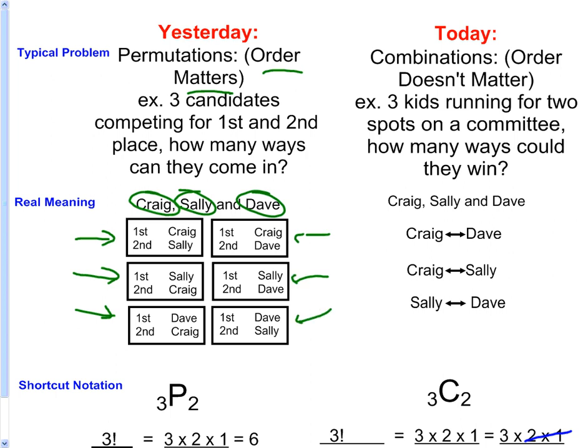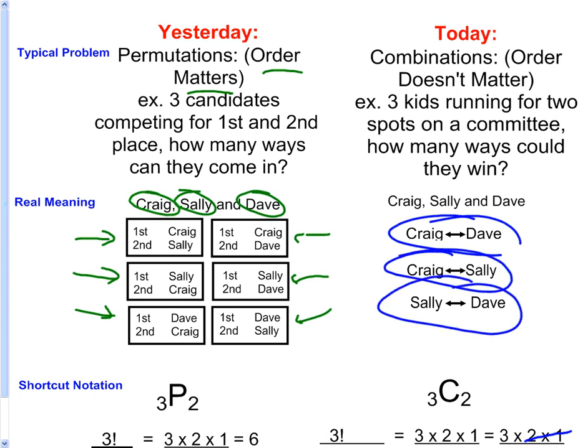Today it's combinations. That'd be like when I pick Craig, Dave, do I need to write Dave, Craig? No, because the order doesn't matter. Do you see how there'll be less of them then? There's only going to be 3 of them because each one of them would have had to be reversed when we were doing it this way. So combinations are different because there's going to be less of them.